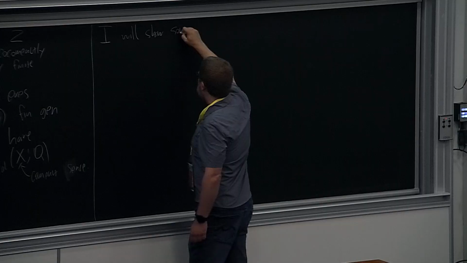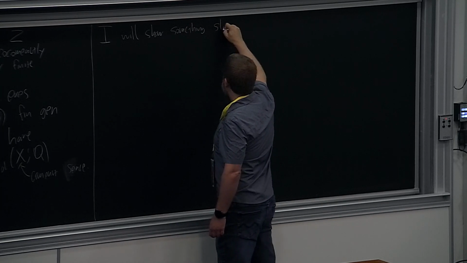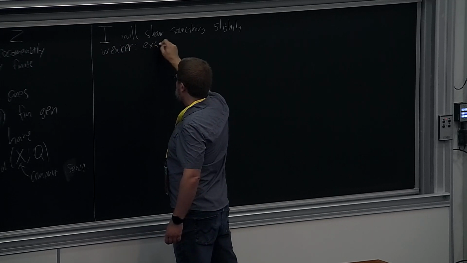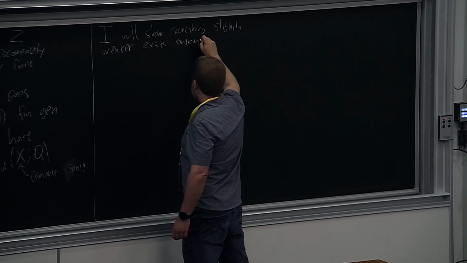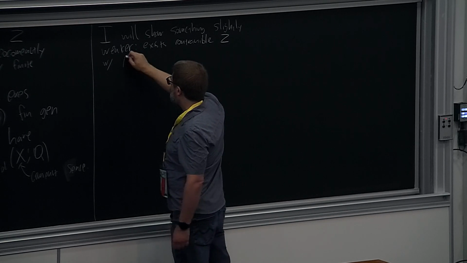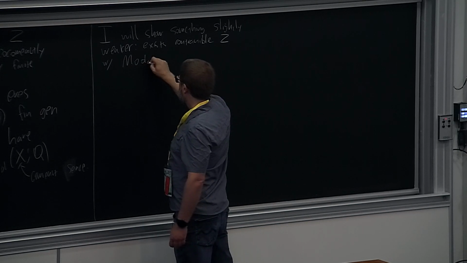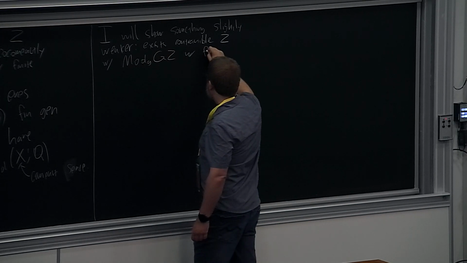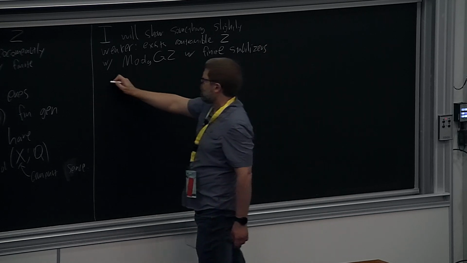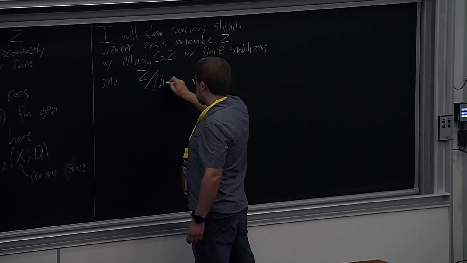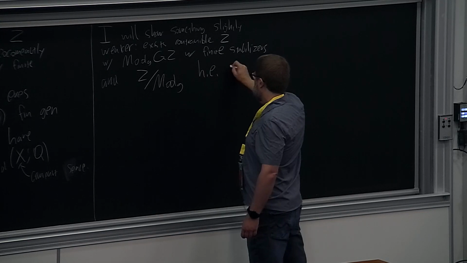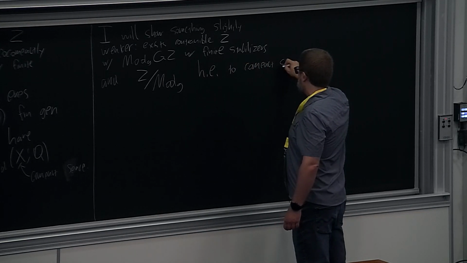So there exists a contractible Z with mod G acting on Z with finite stabilizers, and Z modulo the mapping class group is homotopy equivalent to a compact space.